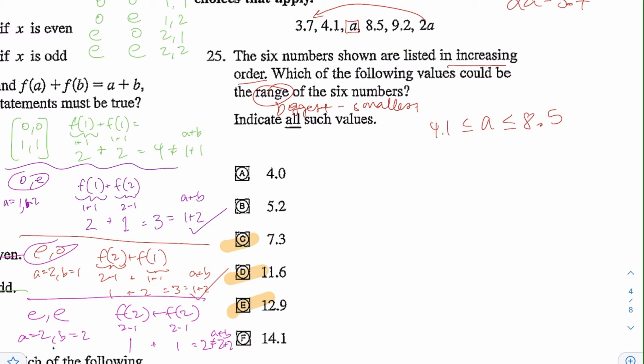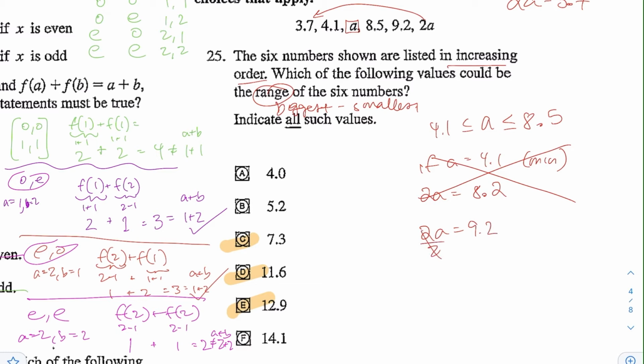So in this case, if a was, let's say, the smallest, which is 4.1, which is the minimum value, then 2a would be 8.2. Now that won't work because 8.2 has to be bigger than 9.2. So a cannot be equal to 4.1. Here, 2a has to be at least equal to 9.2.